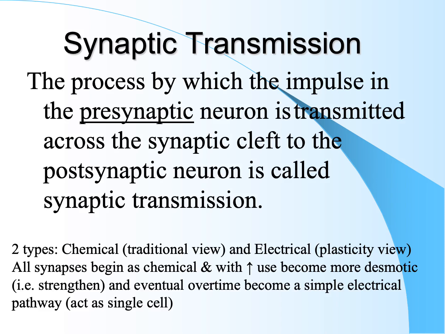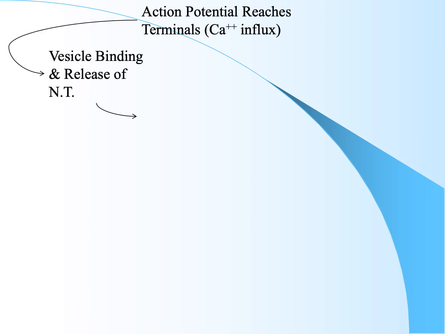So we're going to walk through the way in which we go from the action potential now to the chemical transmission. The way in which this happens is that we start with an action potential that's going to reach the terminals. When it reaches the terminals, it opens up calcium-gated channels, allowing calcium to influx into the neuron. This calcium influx is going to cause vesicles holding the neurotransmitters to bind to the membrane itself.